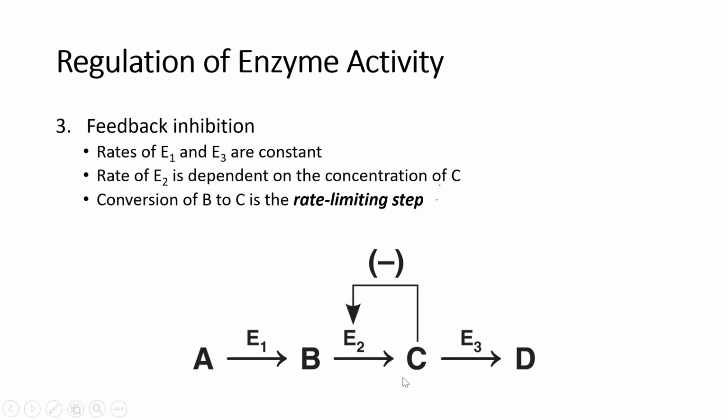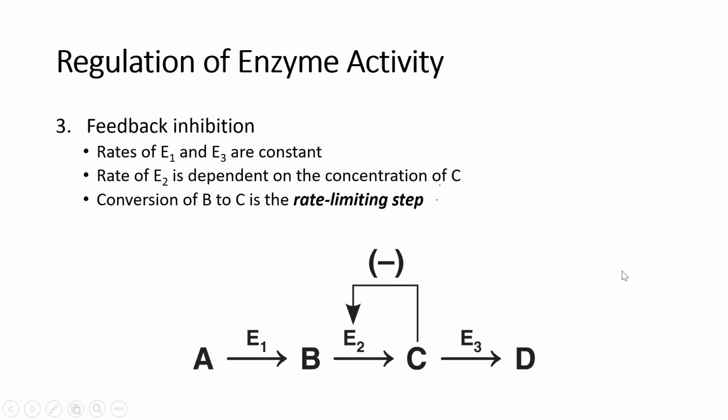If we have a lot of C, then we want to slow things down so that we're not producing as much of C and decrease the buildup. So if we've got increased concentrations of C, then it decreases the activity of enzyme 2.